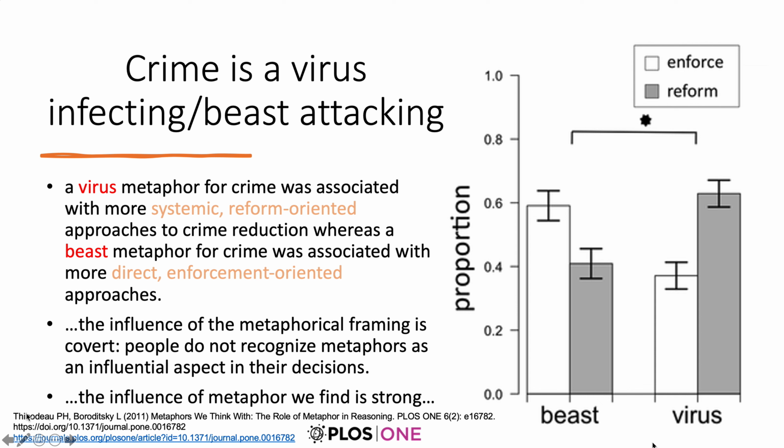When researchers asked the people what they thought would be the best way to address the crime issue, those having read the crime-as-a-virus article were more in favor of systemic, reform-oriented strategies, taking care of the body. While those who read about crime as a beast attacking were more likely to advocate for direct enforcement or fighting back, defending the city.